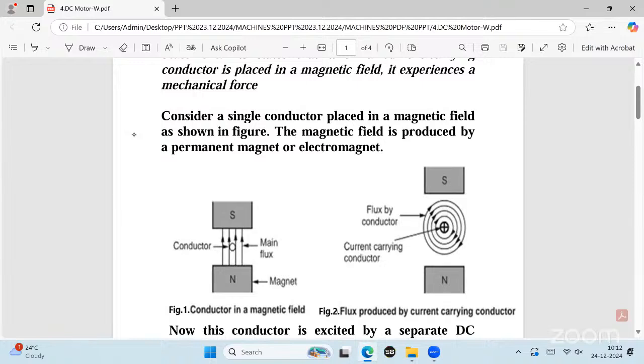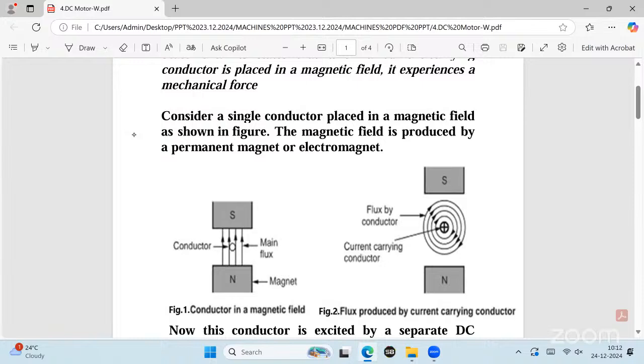Natural magnet or electromagnet? Electromagnet, confirm. But here I have not shown the winding on the north pole and south pole. It is just an electromagnet. So north pole to south pole, we got the magnetic field.